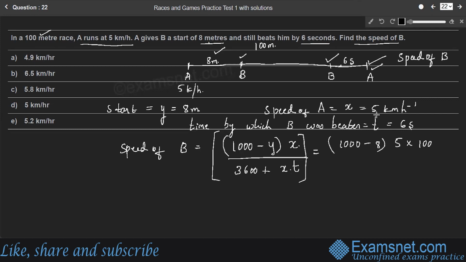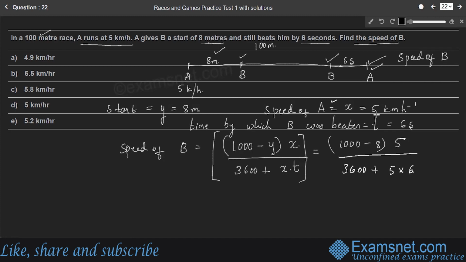Here in the options, the speed of B is in terms of kilometers per hour, so there is no need to convert this 5 kilometers per hour. We'll leave it as it is, divided by 3600 plus X, which is the speed of A, 5, into T, the time by which B was beaten, which is 6.